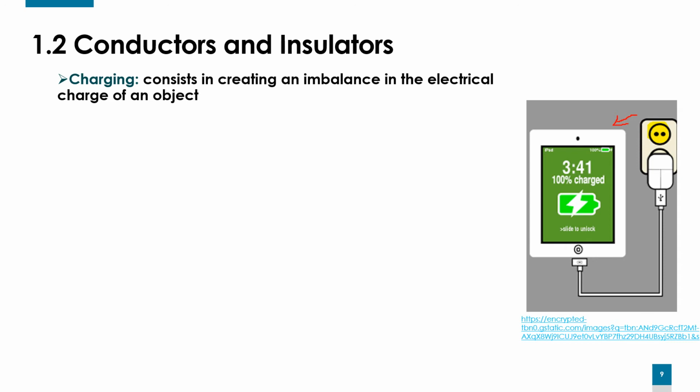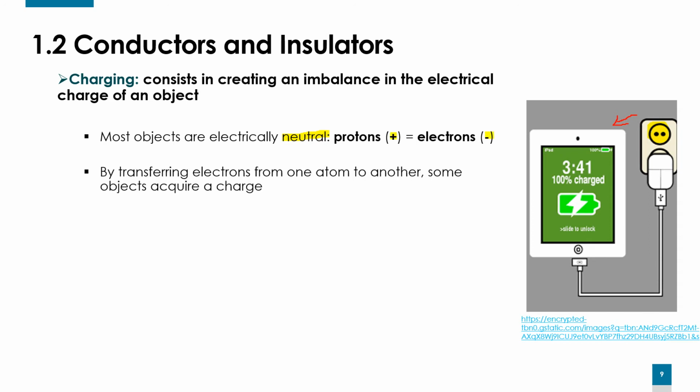So charging is when, and how do I transfer? Because there is an imbalance. I have less in my cell phone and more from my house, for example. So most objects are electronically neutral. What does that mean? That the number of protons, positive, is the same as the number of electrons. But that's not always the case, okay? By transferring electrons from one atom to another, some objects acquire a charge.